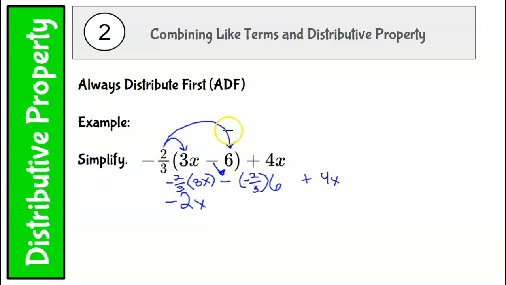So depending on how you do this problem in your calculator, if you do negative 2 divided by 3 times 6, you're going to get negative 4. So this is going to be minus a negative 4. Now, as you continue on your Algebra 1 journey, you will recognize that you have minus a negative, and that makes it plus a positive 4.